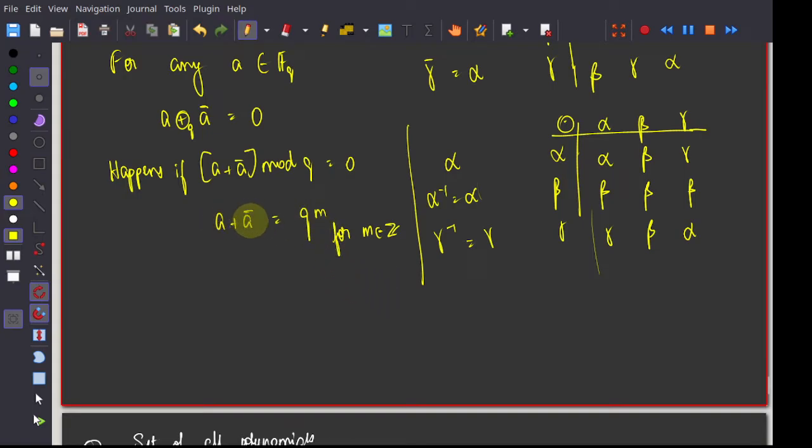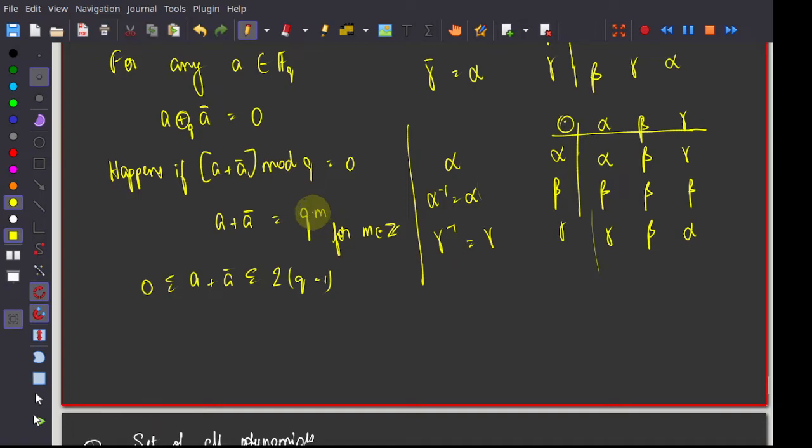So if A plus A bar is some integer multiple of Q, and both A and A bar are non-negative integers between 0 and Q minus 1, then A plus A bar is less than or equal to 2 times Q minus 1, and this is obviously greater than or equal to 0, right?